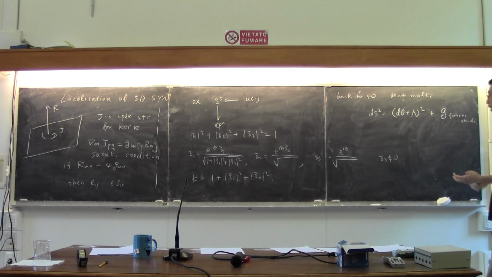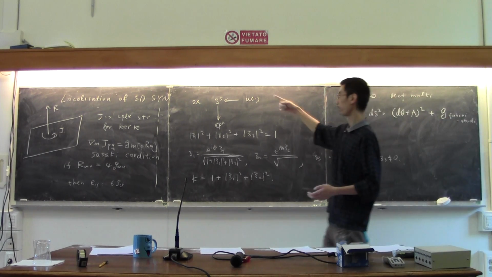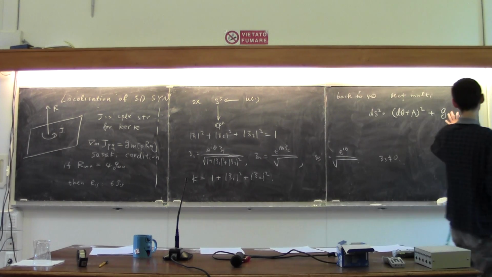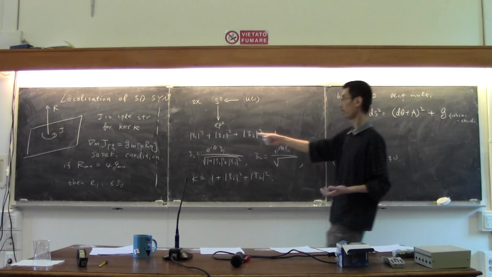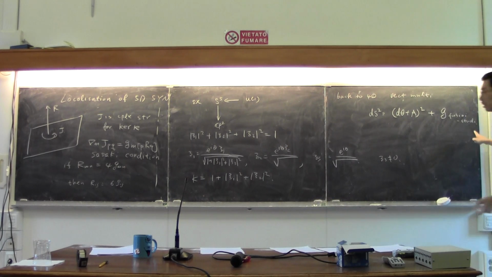So you can see that one part of it is just the metric for the fiber, and this part is the metric for the base, CP2 with the standard Fubini-Study metric.